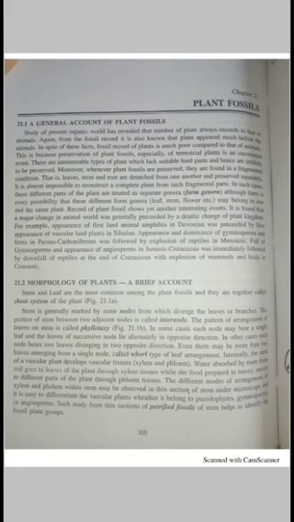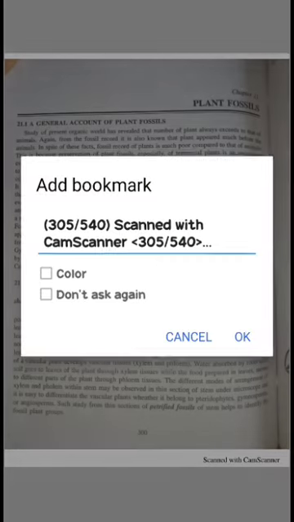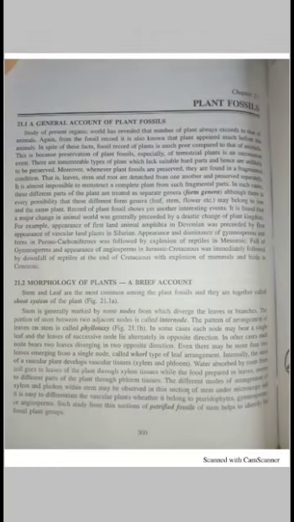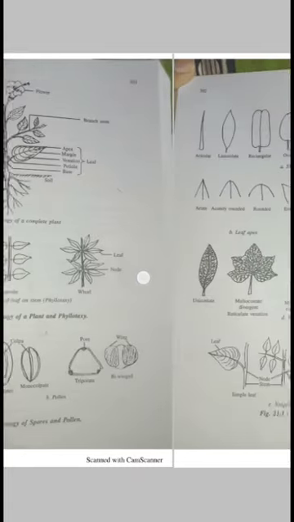Now in the next chapter, chapter 21, the morphology of plant fossils, then the general account. These are not so important points. The general account should be read, but the morphology of the plant is not important.